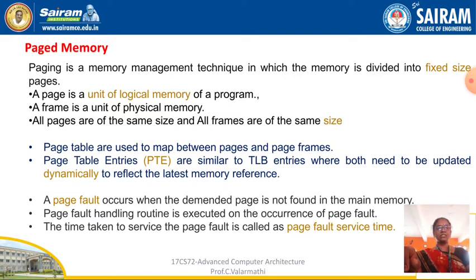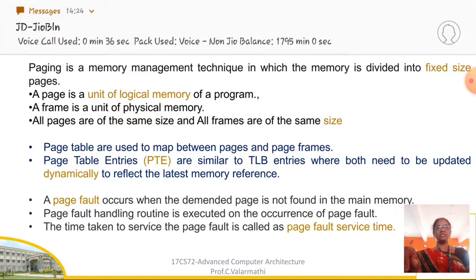Page table entries have some fields based on the mapping between the main memory and cache memory, and main memory and the virtual memory. The page table entries will vary, but they have some two to three fields. It appears very similar to TLB entries.